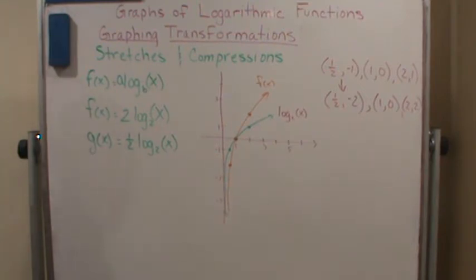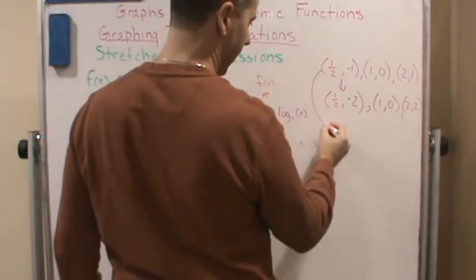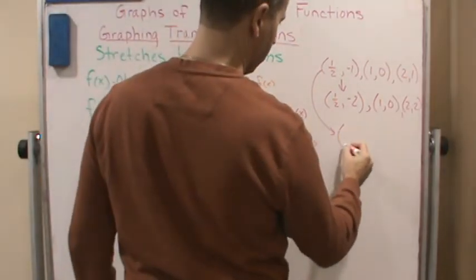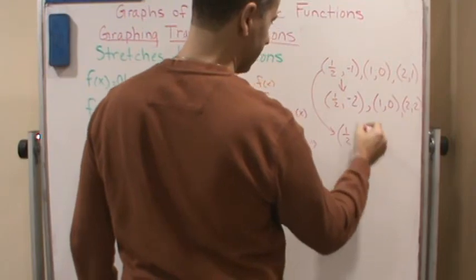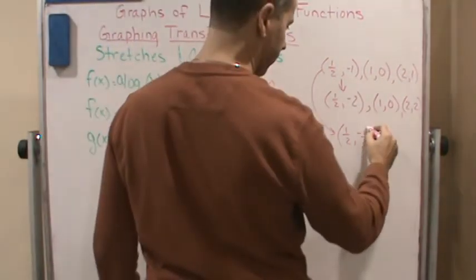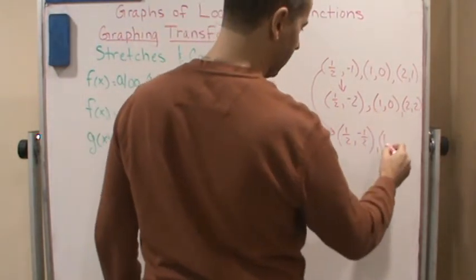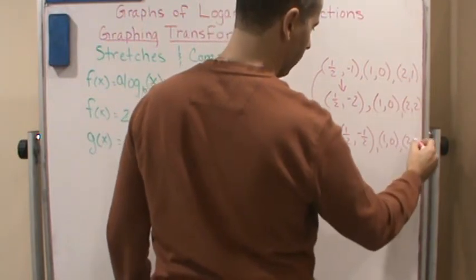Well, now these points are going to go to 1/2 comma negative 1/2, because now I'm going to multiply all of the y values by 1/2. And this is again not going to change. And then this point is going to go to 2 comma 1/2.